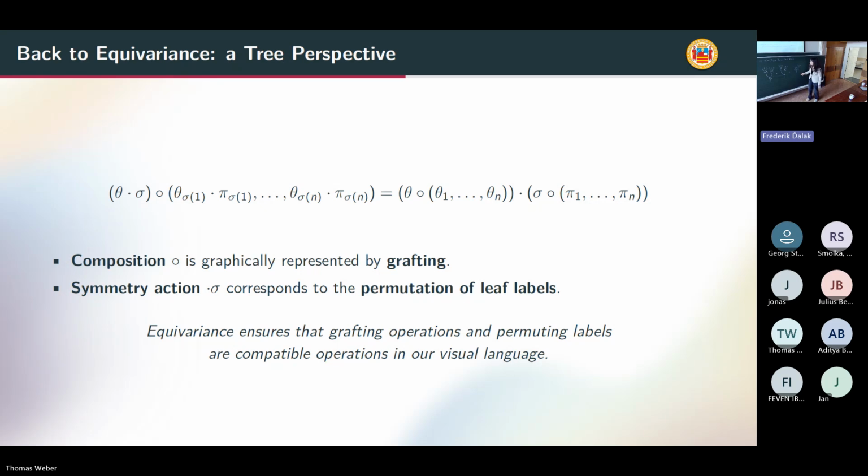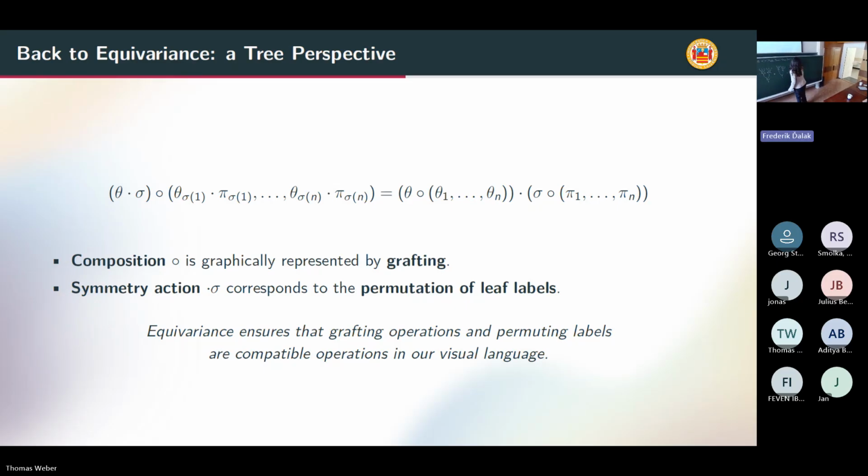And then we have inputs ordered in the obvious way. So we start from the first leaf, and then we read 1, 2, 3, and then 4, 5, 6, in this way.